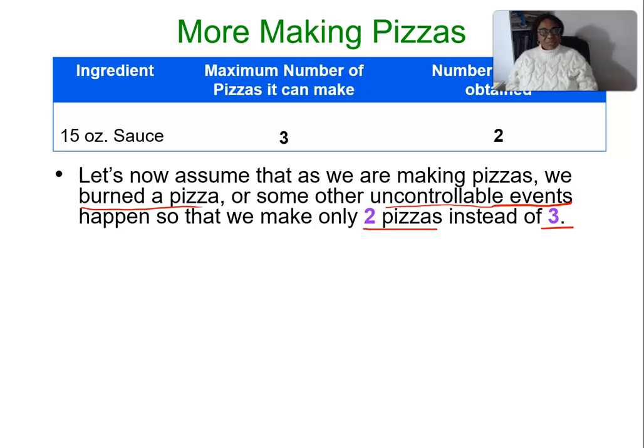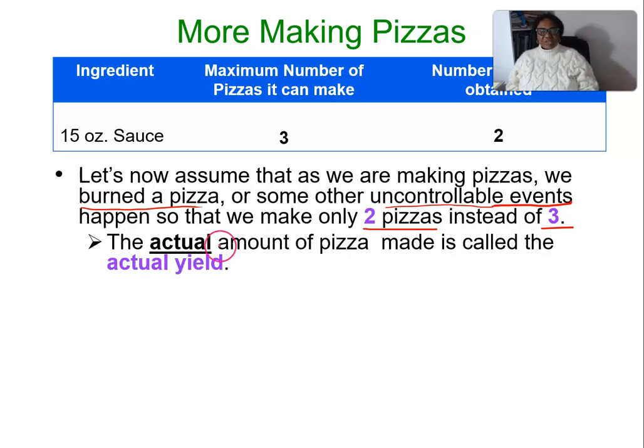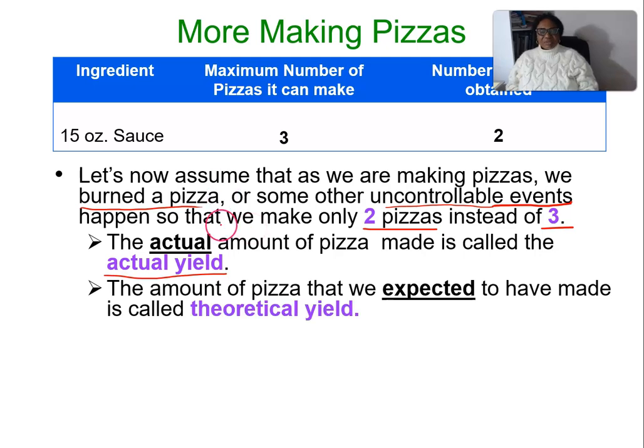That is what we actually got, even though we were expecting 3. So the actual amount of pizza made is called the actual yield. The amount of pizza we were expecting to have made is called the theoretical yield.